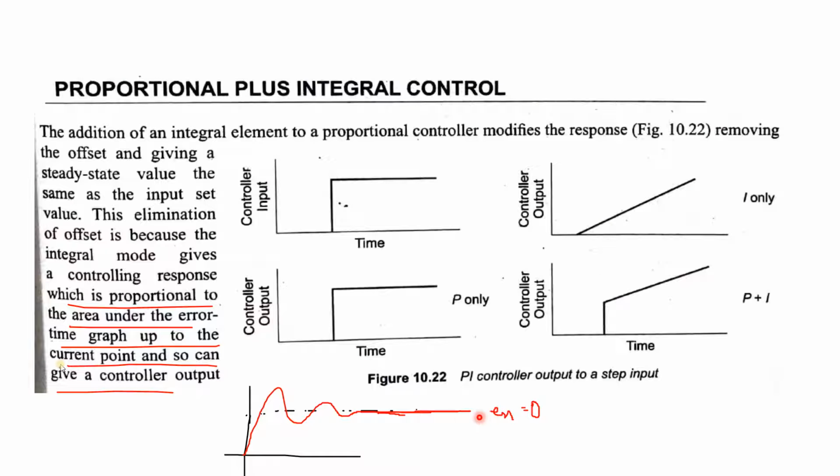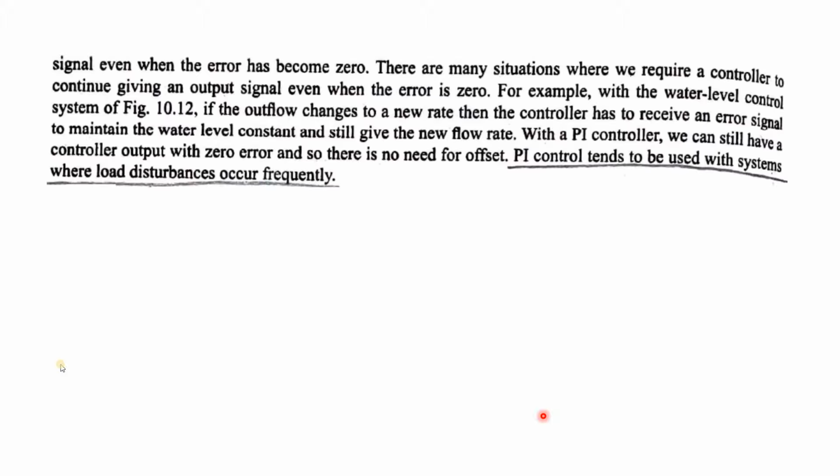Once it stops, again there will be error, because in P and PD controller, since the steady state error is not 0, it will continue to operate. But in PI controller, if it stops operating when the error becomes 0, then again the error will take place. That is why the PI controller is designed in such a way that it can operate even though error is not there. So it will keep on giving the same control action so that error becomes 0.